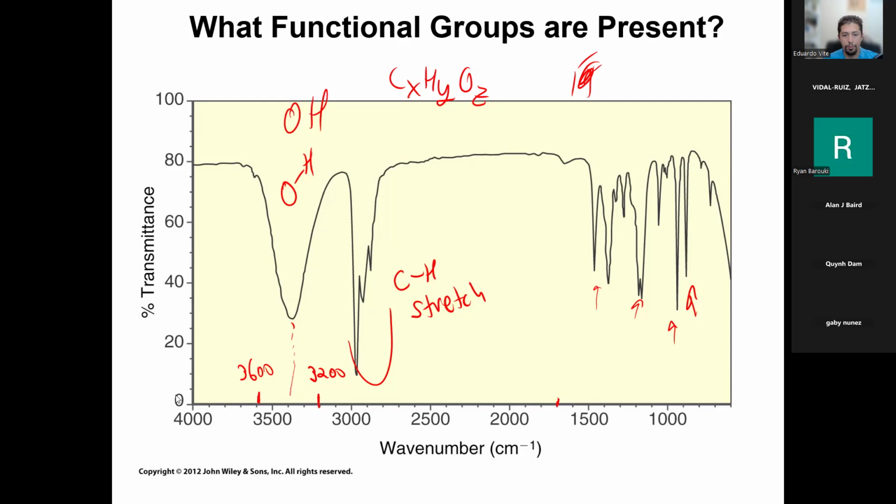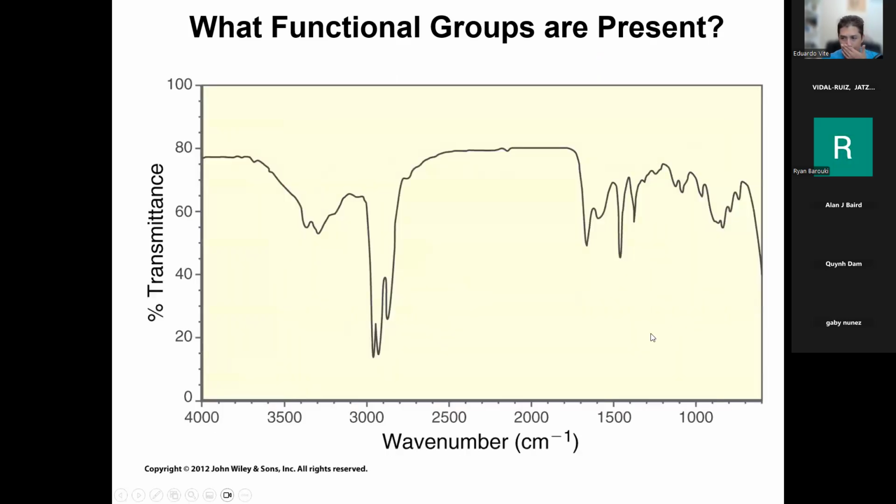Okay, let's look at the next example. What about here? What functional groups are present here? What do you see? What functional groups do you see here?